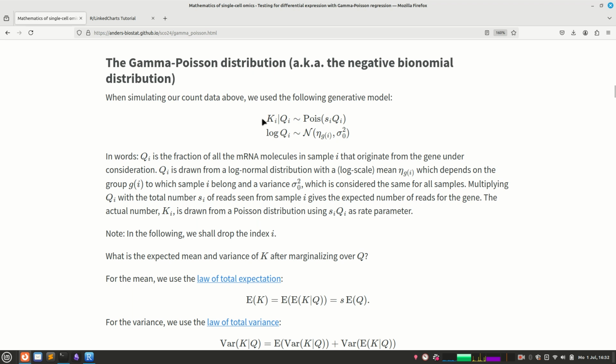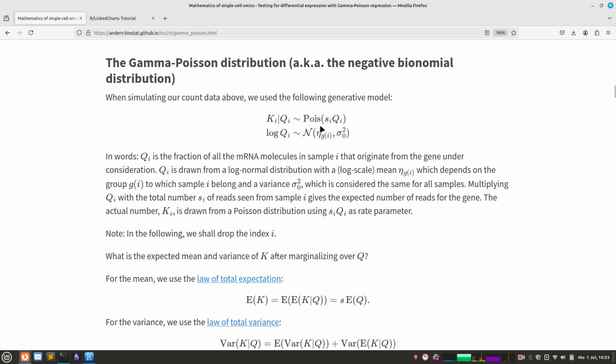And for this, we have to take this likelihood, consider it as a function of these two parameters, and maximize it. But in order to maximize it, I have to marginalize out the nuisance parameter Q, because Q is not observable, I can't see it.